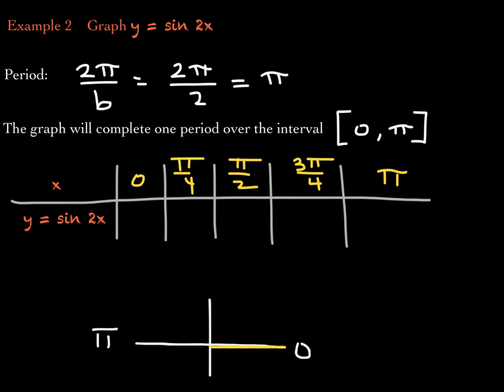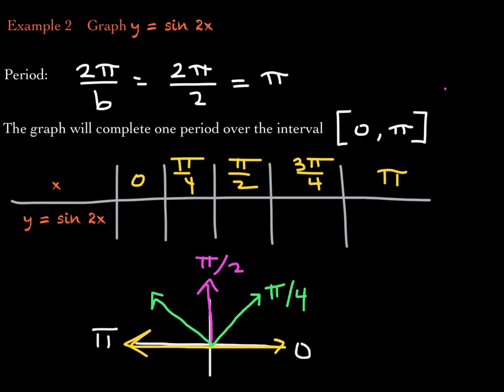Your right endpoint is pi. What's right in the middle, of course, is your midpoint, which is pi over 2. This is just a picture that corresponds with the work you've done so far with your quarter points. Your first quarter point is right in the middle of 0 and pi over 2, which is pi over 4, right? Your third quarter point is right in the middle of pi over 2 and pi, which is 3 pi over 4.